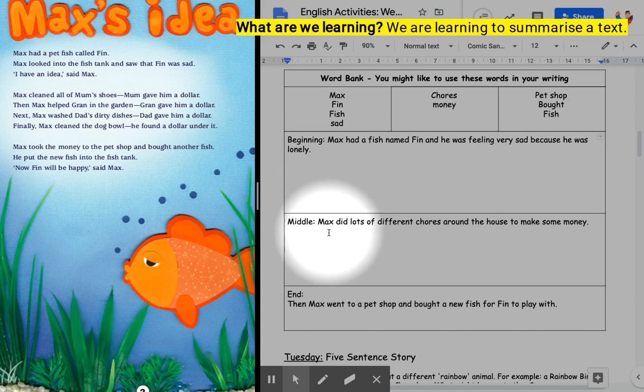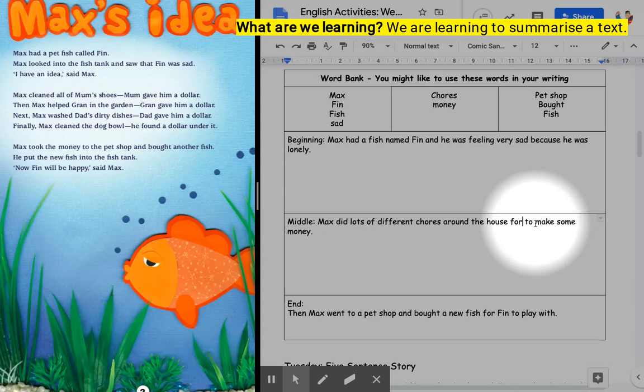My next sentence is here. Max did lots of different chores around the house to make some money. I might add, after chores, who he did the chores for. I might write it after house, actually. That might make more sense. Max did lots of different chores around the house for his different family members.